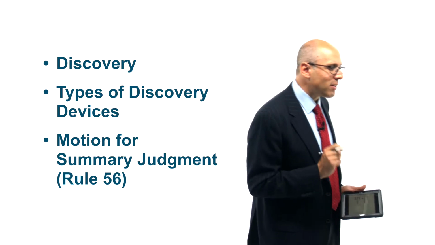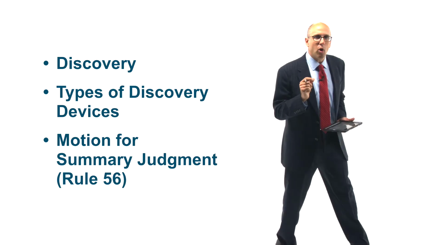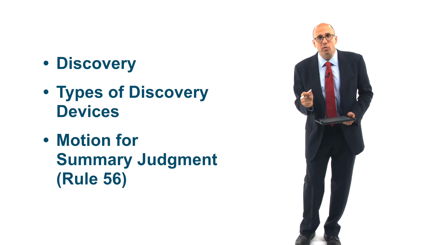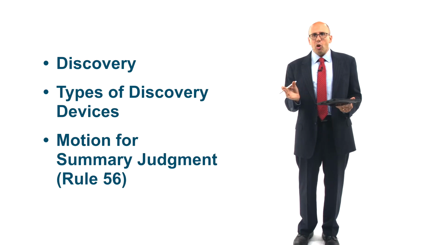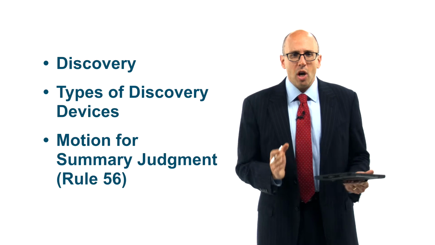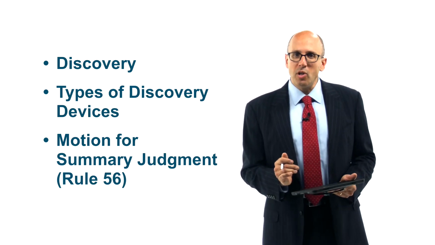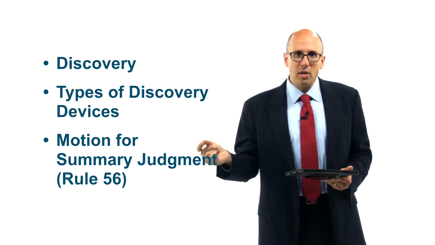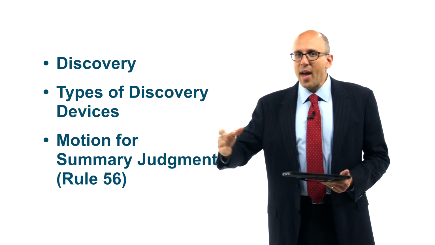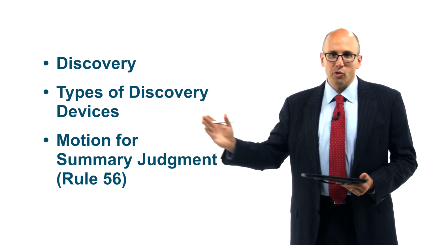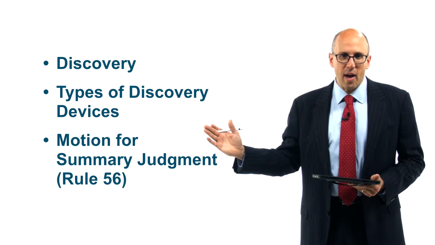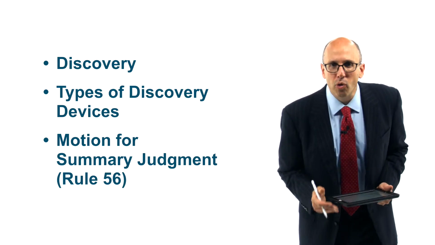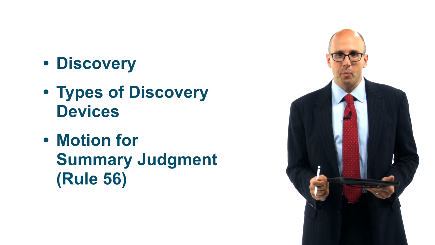Now remember, that's kind of interesting because we already said judges are not supposed to decide facts. Juries decide facts, right? So how can a judge rule on a motion for summary judgment when, if the judge rules, let's say, either for the plaintiff or the defendant, then that case is never going to go to trial? So there will never be a jury deciding the facts. So essentially, the judge ruling on summary judgment is taking the case away from the jury.